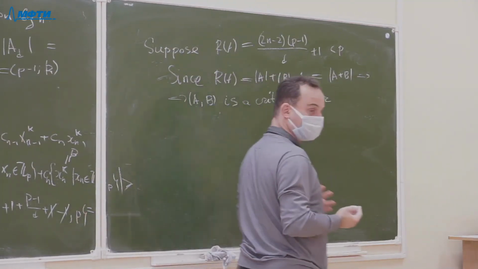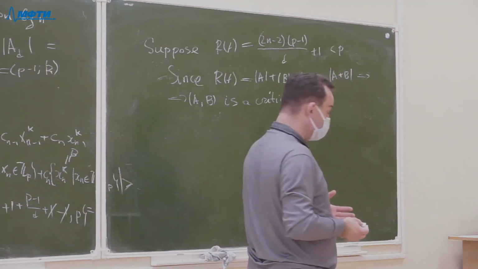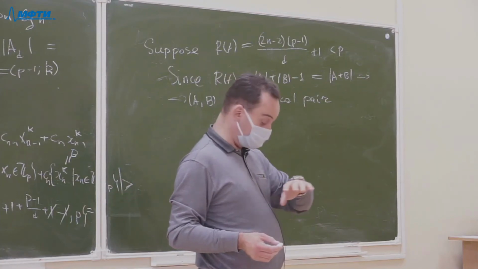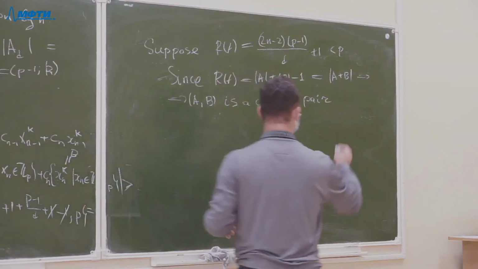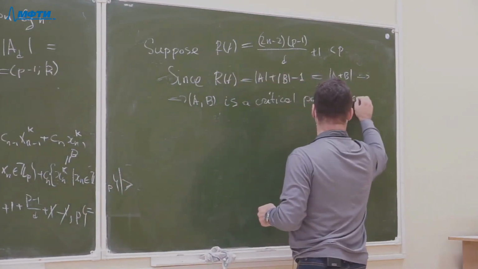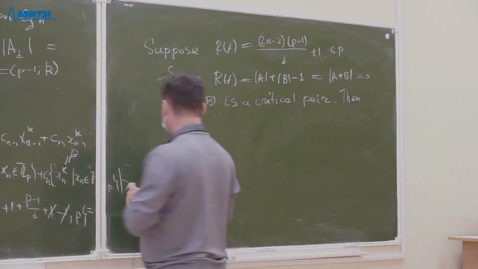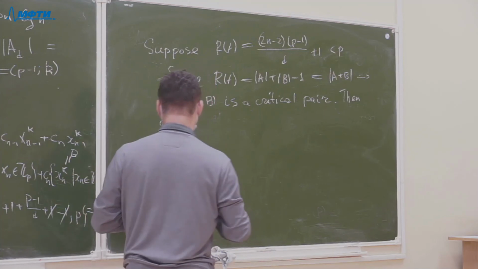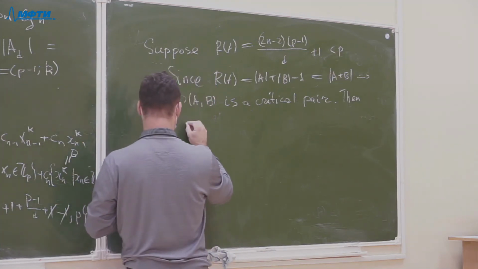Well, by Vosper's theorem, there is a strict classification of critical pairs. One of three cases takes place.